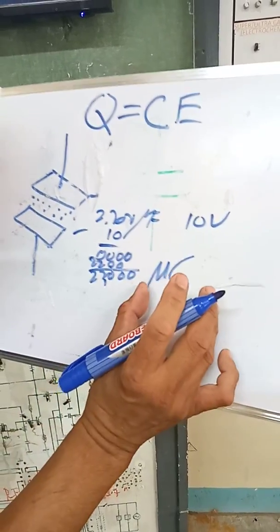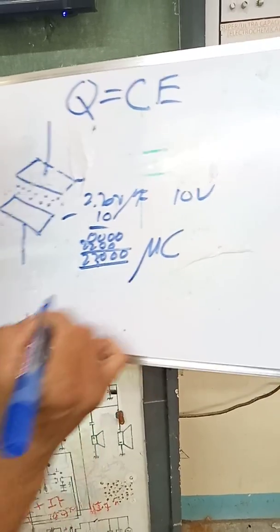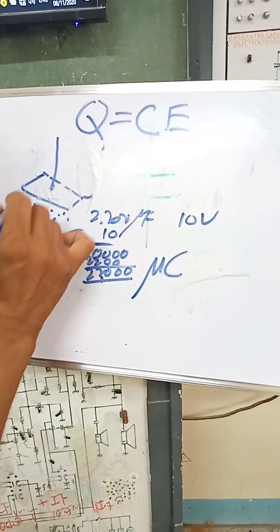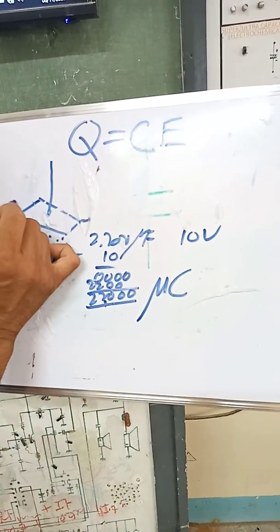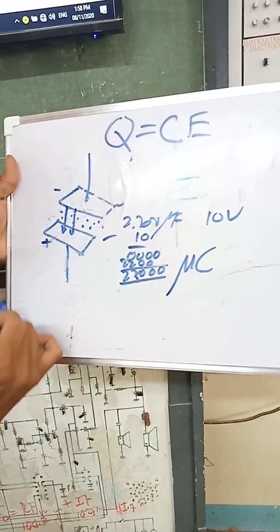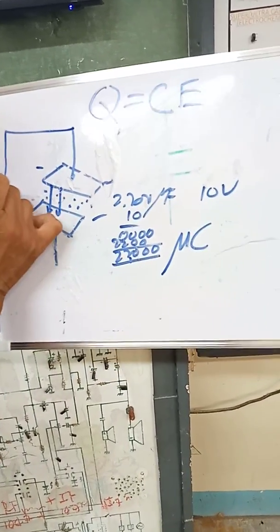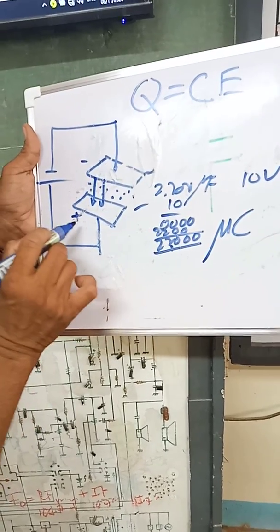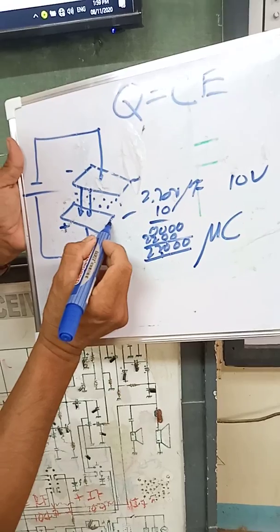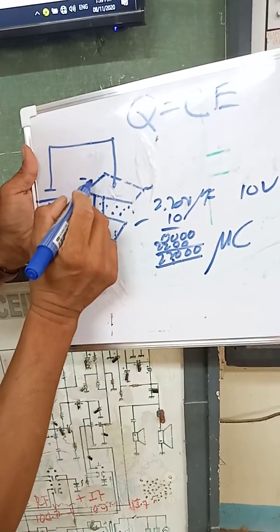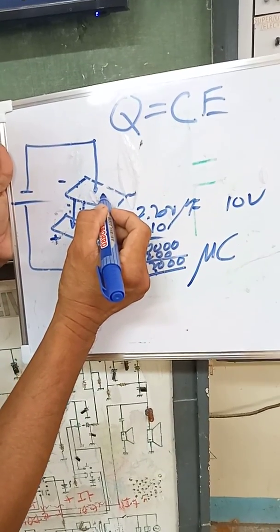So, the higher the capacitance, the higher the charge. Or we call it electrostatic lines of force, attracting from electrons to protons. Protons originating from the positive side of the battery are accumulated at this plate, whereas electrons coming from the negative side of the battery are also accumulated at this plate.